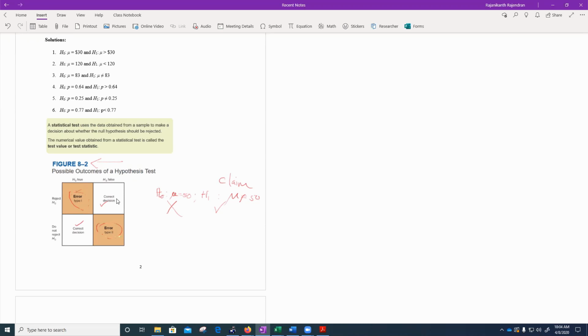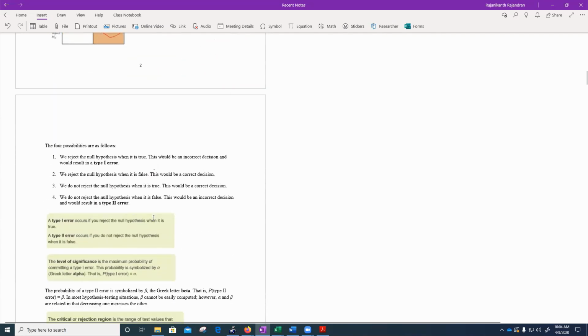The type 1 error means you are rejecting H naught when H naught is true. Type 2 error means you do not reject H naught when H naught is false. So keep in mind these two. The next one is all given in words, whatever we have at the top in the picture. It is just the picture explained in words.